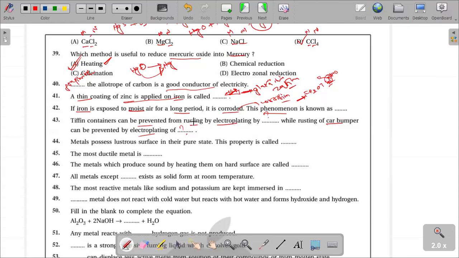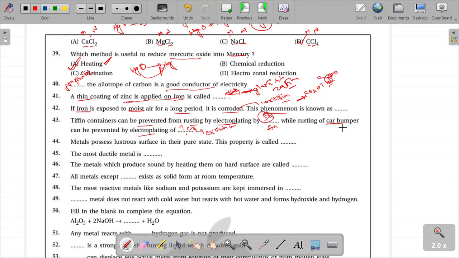What should we use for a Tiffin container, and what should we use for a car bumper? Here Sn, here Cr. Sn means tin, and here chromium.